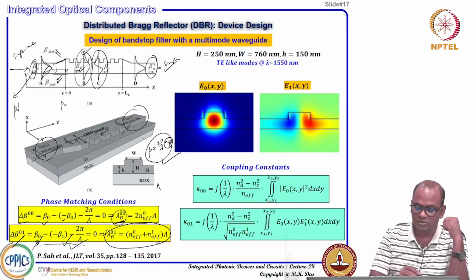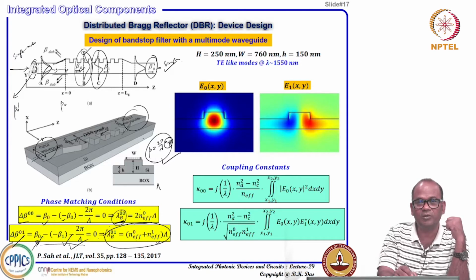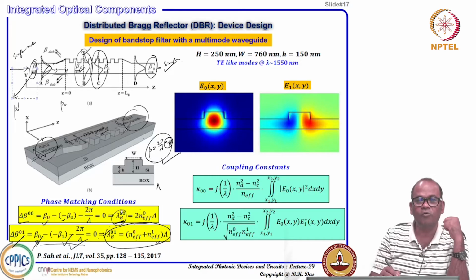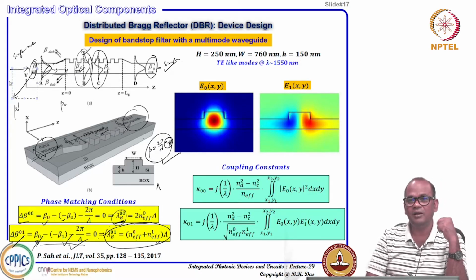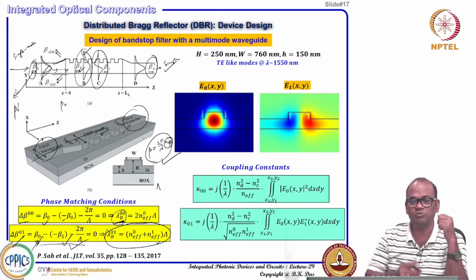In this case, the fundamental mode, when reflected back and coupled in the backward direction, can be supported by this waveguide. So lambda b 00, the Bragg wavelength which is reflected here, will appear in the reflection, because the waveguide can support it and guide it back towards the source. You can separate them in that case.